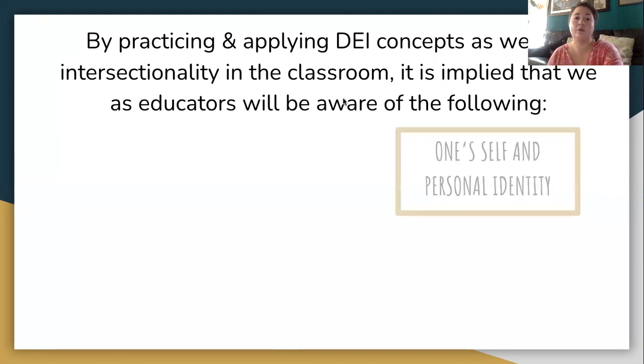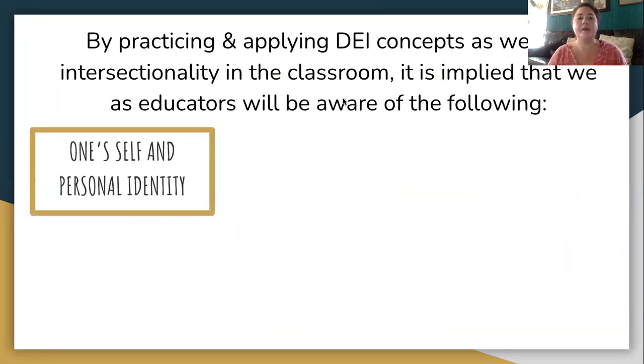First and foremost, being aware of oneself and personal identity: who you are as an educator, as a person, what identities you personify. I think that knowing who you are and what your identities are really helps you be aware of who others are and what their identities are. Which brings me to my next point.